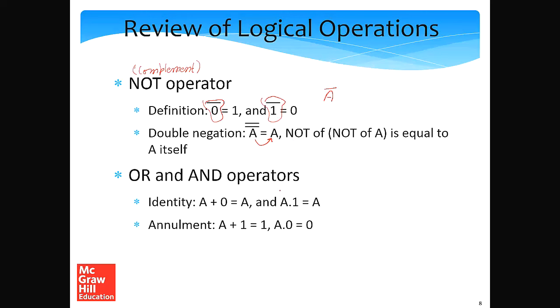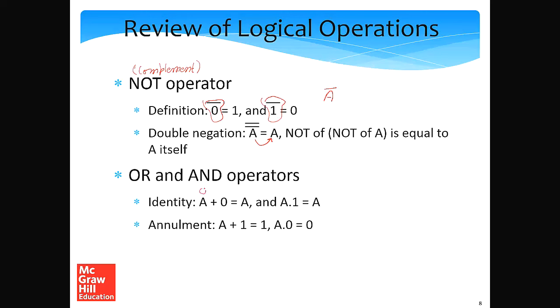Then we saw the OR and AND operators. The truth table for the OR says that if one of the variables is equal to 1, the output is equal to 1. The truth table for AND says that all the variables need to be 1. Let's take a look at some of their basic properties. We have the property of identity: A OR 0 is equal to A. This is very easy to verify.